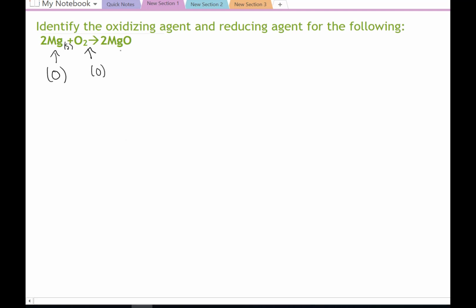Then we look at magnesium oxide. So magnesium oxide is neutral, so therefore we know it must equal 0. Oxygen's usually negative 2 based upon the chart, because we don't know what magnesium is, so we're going to have to find it. So what's magnesium? Well, in order for this to equal 0, magnesium must be positive 2.